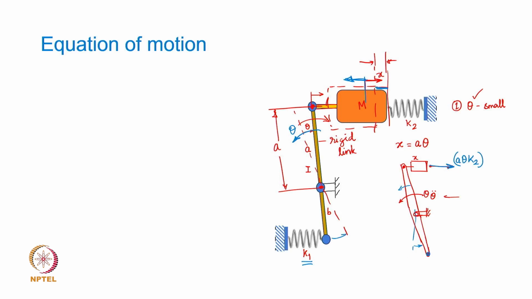So, if this link swings, the additional deflection in the spring is going to be b into theta, where b is the distance from here to here at the contact point. So, the stretch here is going to be b theta, and that stretch is going to cause the spring k 1 to restore it to the original position. So, k 1 into b theta is going to be the restoring force acting because of this spring at this end of the link.